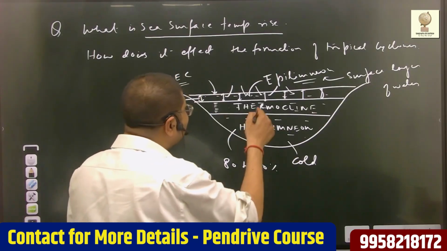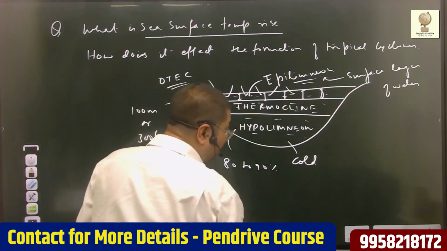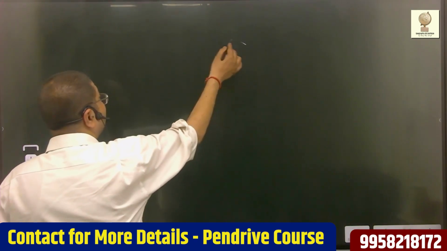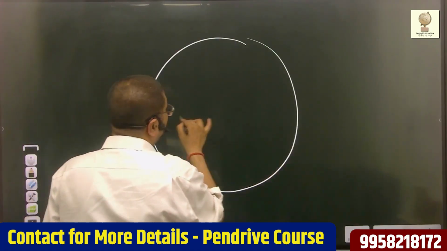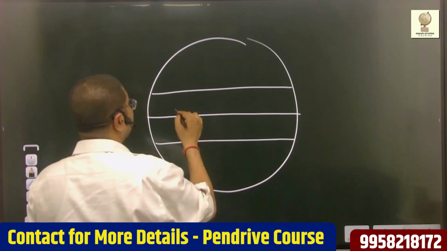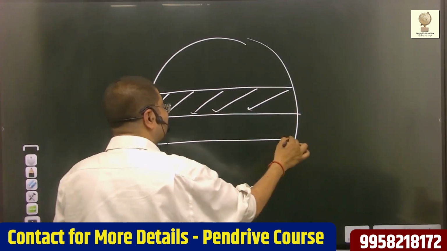But here in the context of this question, trade winds play a very important role. You might have seen that trade winds blow on either side of the equator, within the tropics: northeast trade winds and southeast trade winds.